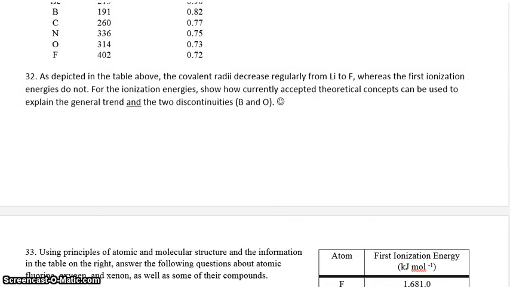If you were to explain the trend for ionization energy, so ionization energy in general increases as we go this way, increases. If you were to explain that, you have to explain it in terms of effective nuclear charge.